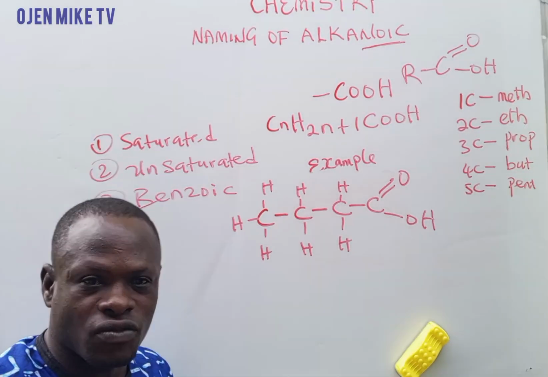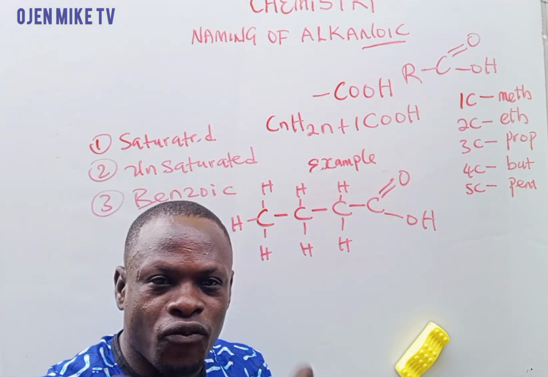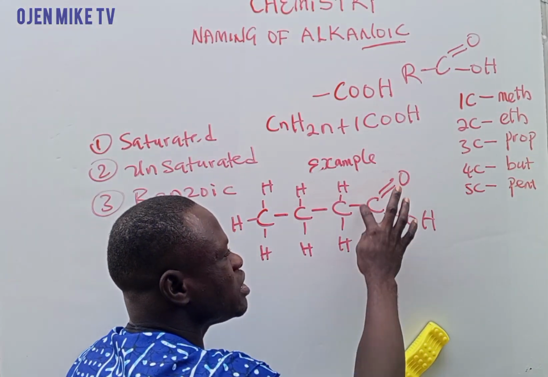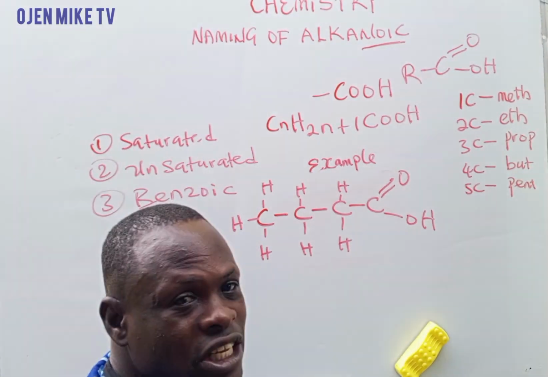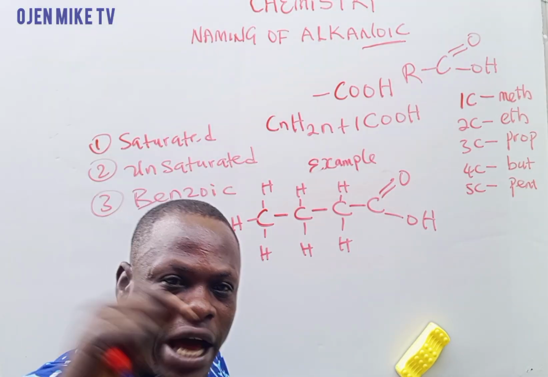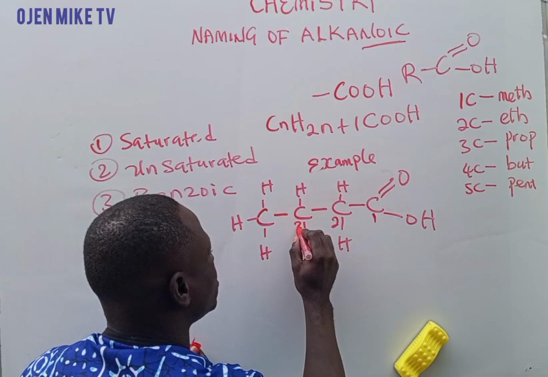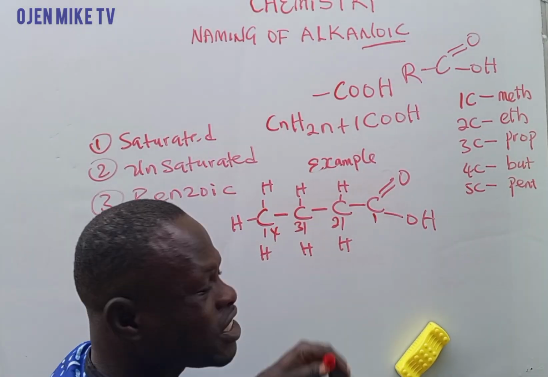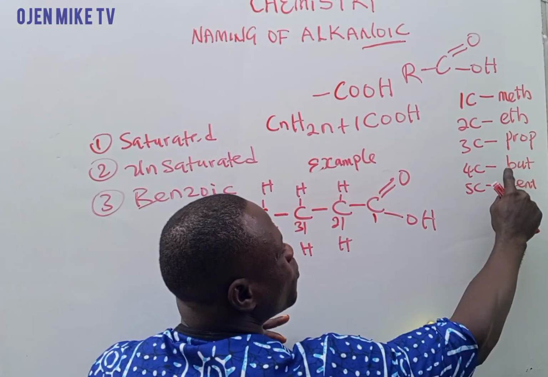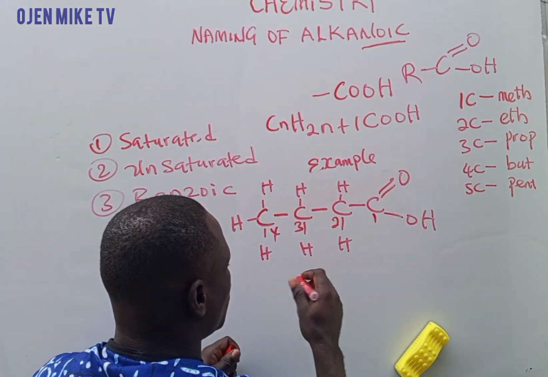What is the name of this compound? I've told you that you must always start your numbering from the functional group. Where is the functional group? This is the functional group. So you start the numbering from the functional group. How many carbon atoms are there in this chain? You have 1, 2, 3, and 4. Since it is 4, you call it but. So it is butanoic.